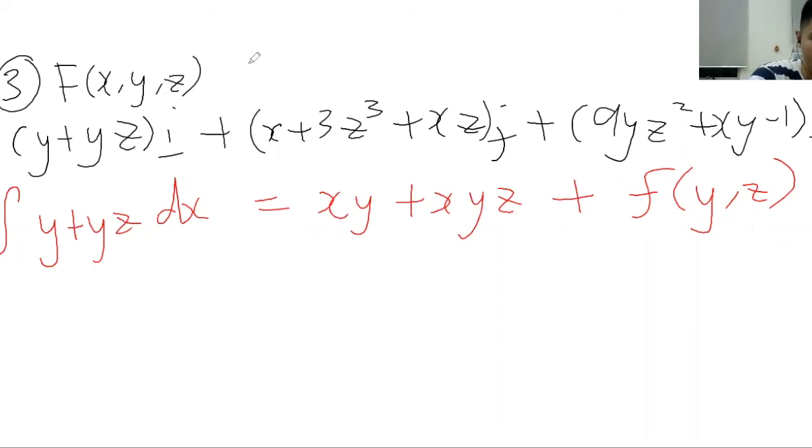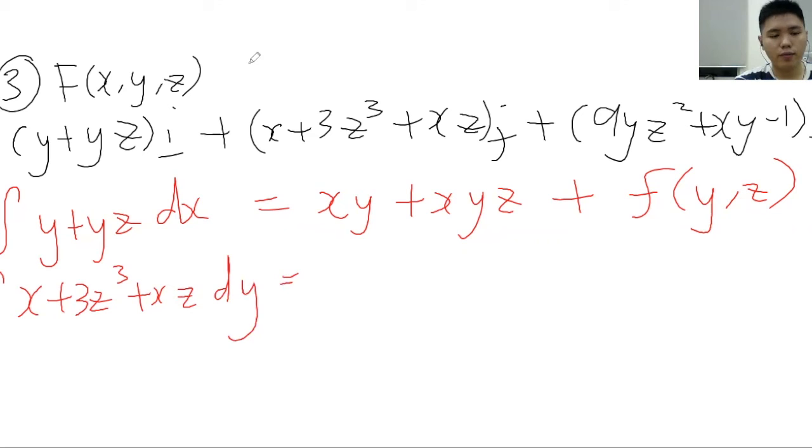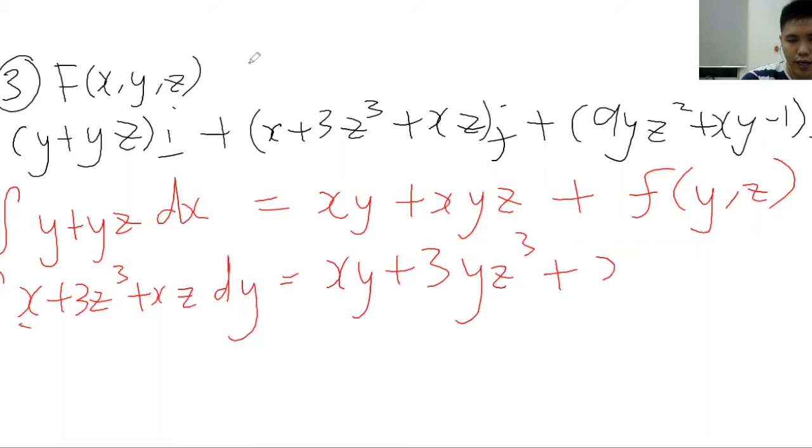Okay, and next, in terms of y: x times y, xy, plus 3y z cubed plus xyz, and add a function which doesn't have y, so this is xz.